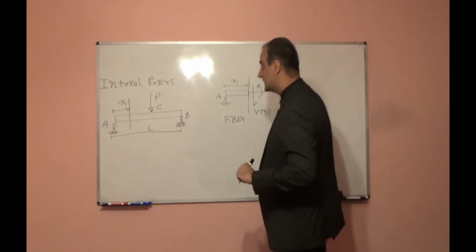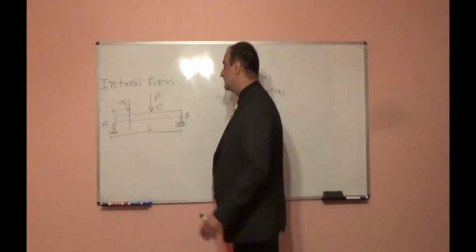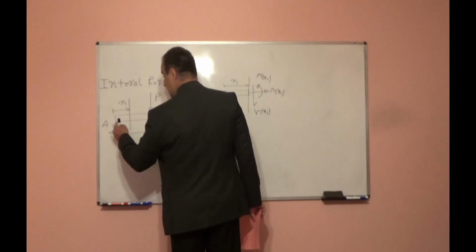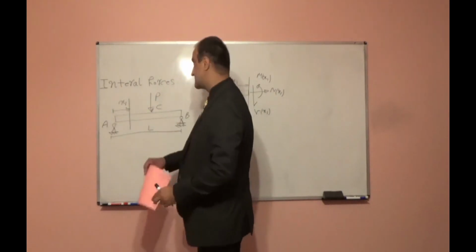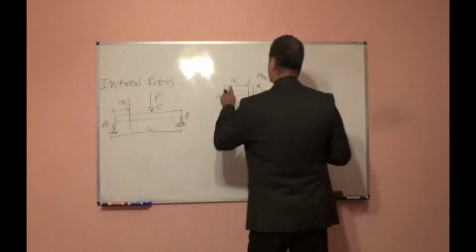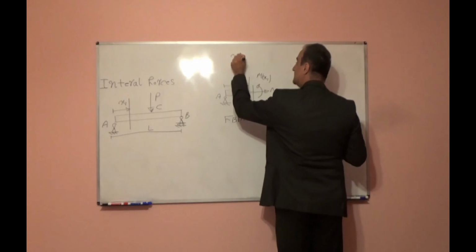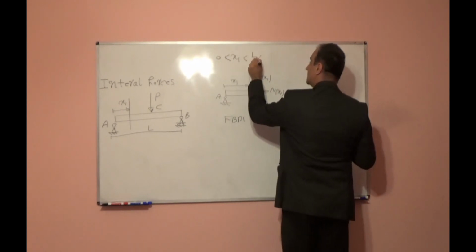Pay attention, here x1 can have any value, but it should be between 0, which means you are cutting exactly at the support, up to L over 2, just before the P. So x1 variation will be between 0 and L over 2.